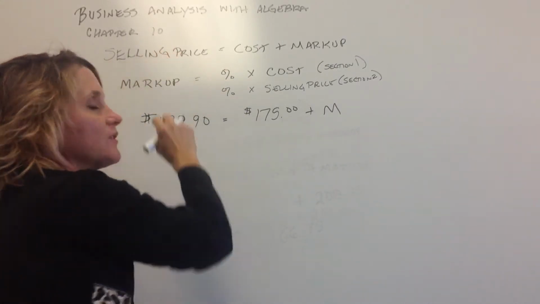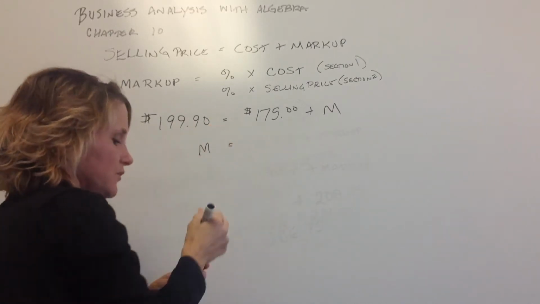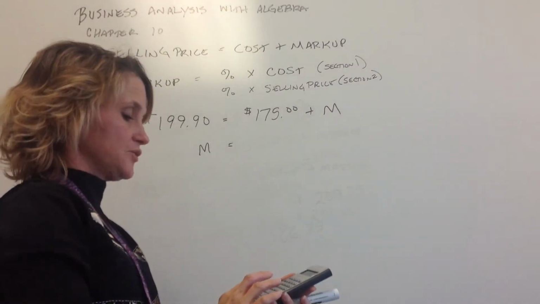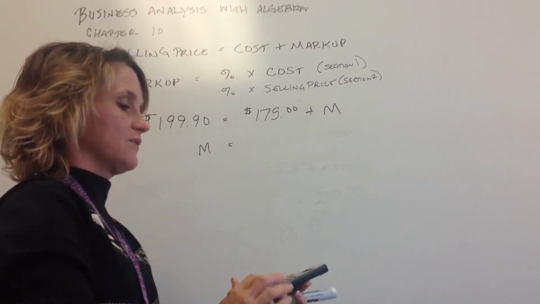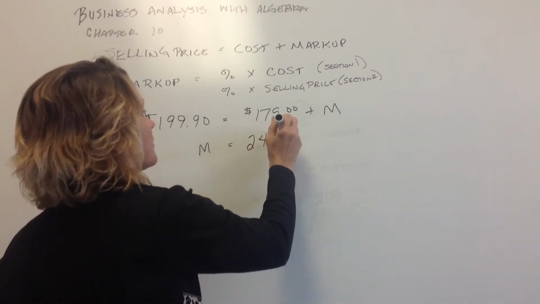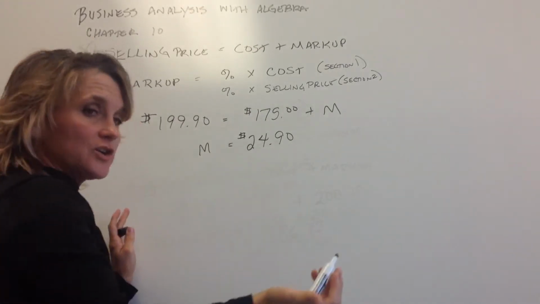We have to go back and start with that top one. But then all we do is subtract. So if you take your selling price of $199.90 and subtract out the cost of $175, we have a markup of $24.90. So that hopefully is easy enough.